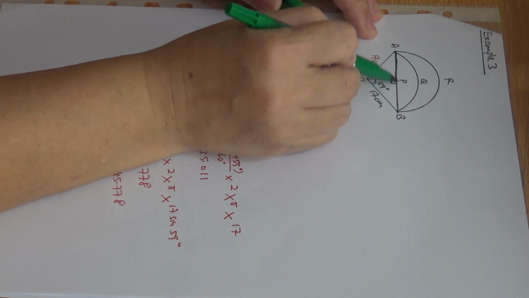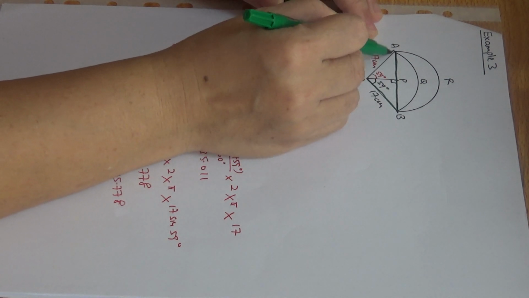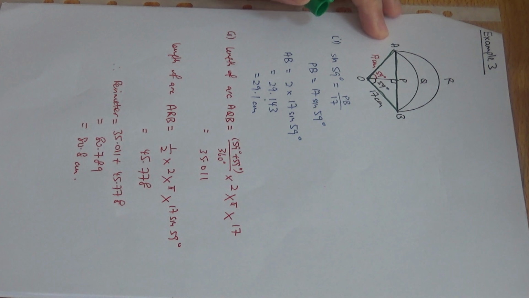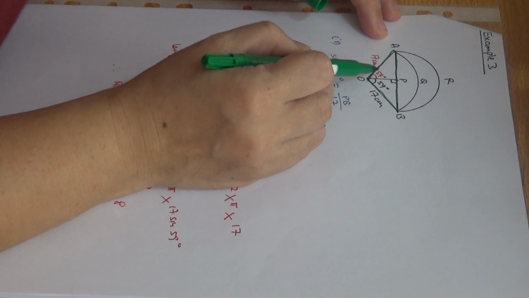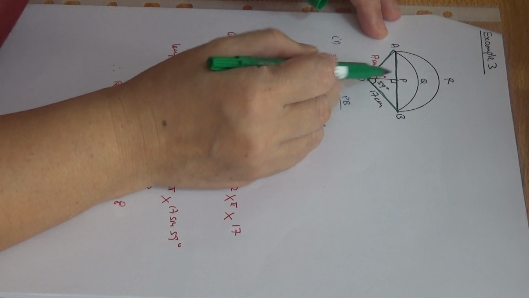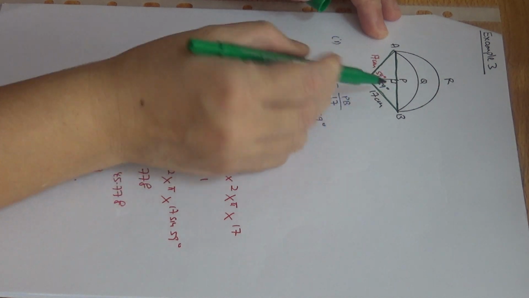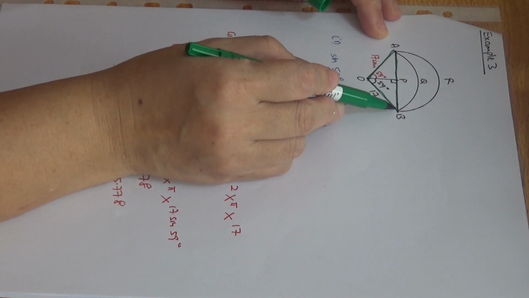All of you look at this triangle. It's actually an isosceles triangle. If I draw a perpendicular, that means this one, the question will tell you is 59. So I can actually find the length of PB.